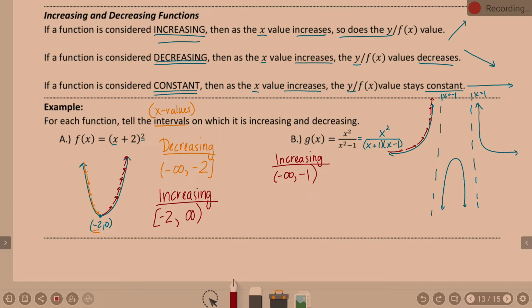Now where are we? We're down here. Where am I going? Are we going up again? So if we're going up, we are increasing. Where are we increasing to? Whatever that top of that parabola piece is.